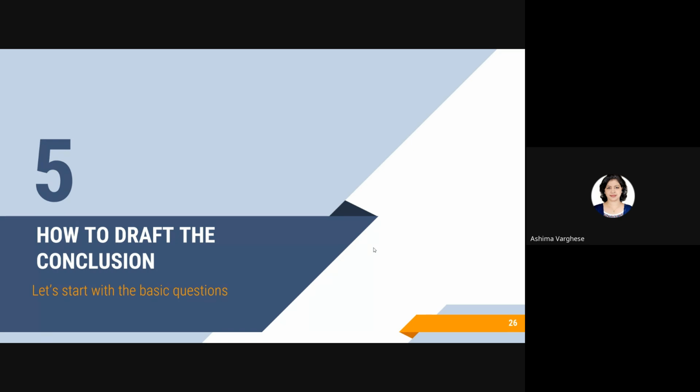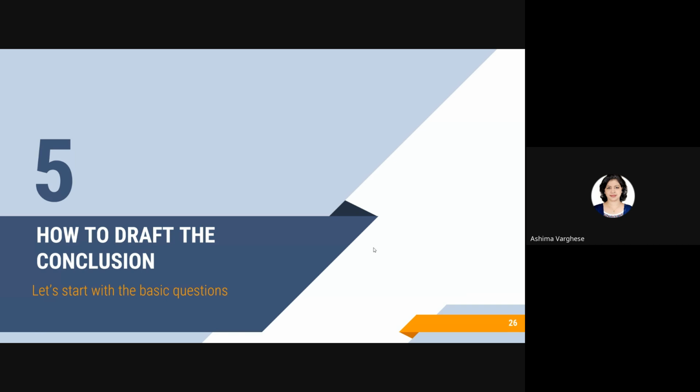But in the conclusion, we are not going to repeat whatever we have already written in the results section or the discussion section. If you have done the analysis of the table or the chart or the figure, you have already discussed that in the discussion section. This should be avoided in the conclusion section. What I mean to say is that repetition should be avoided in the conclusion section.